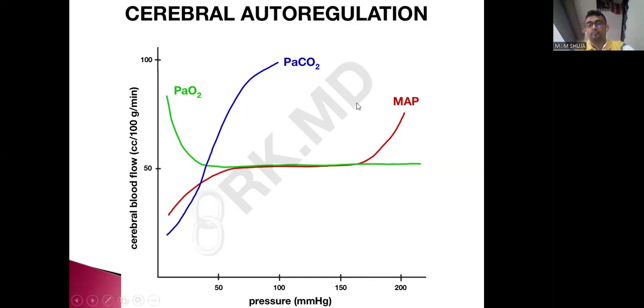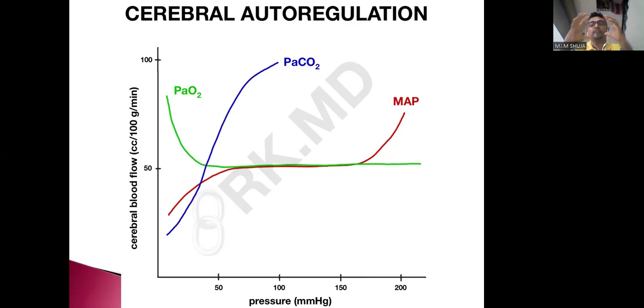But when the blood pressure reaches the autoregulation limit, what will happen? The cerebral blood flow further increases. But this is not good. You know why?